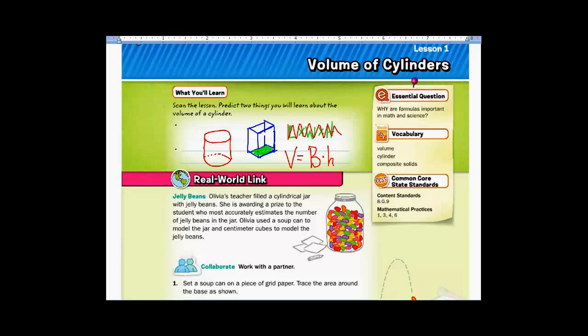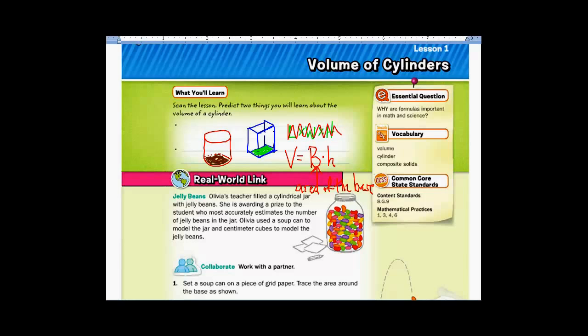Now notice that is a capital B. That capital B stands for area of the base. So no matter what the base is, remember you have two of them, right? It's not always what it sits on, but generally it is.